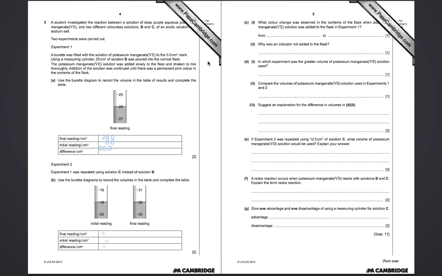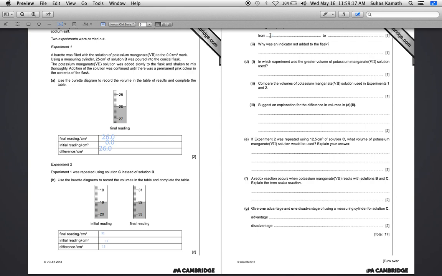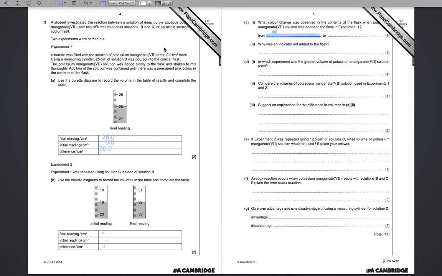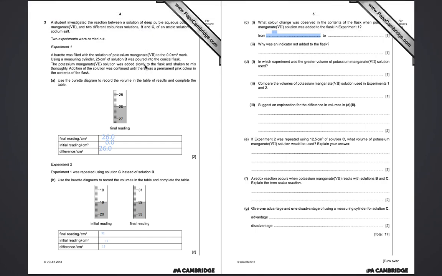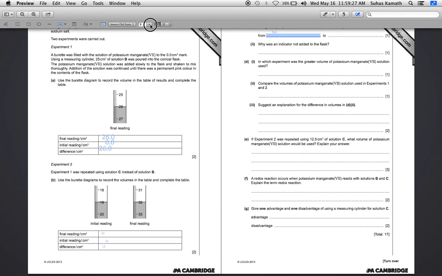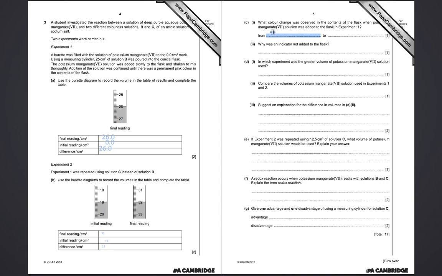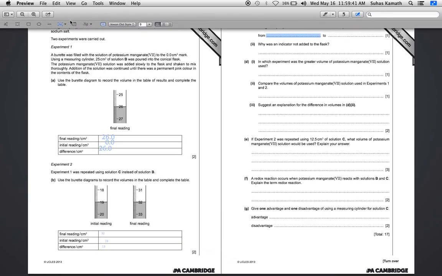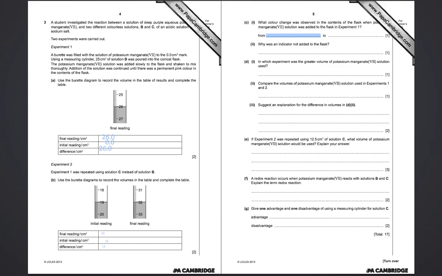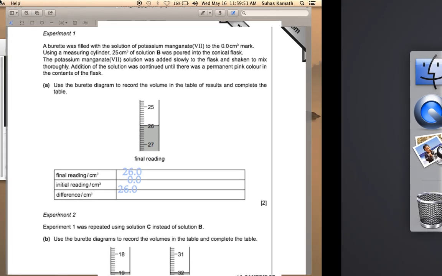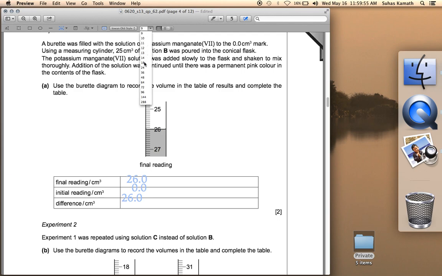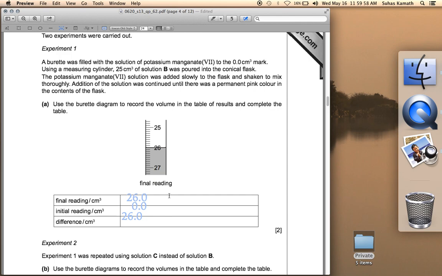From deep purple, from purple, wait a minute, so it's better in this way.